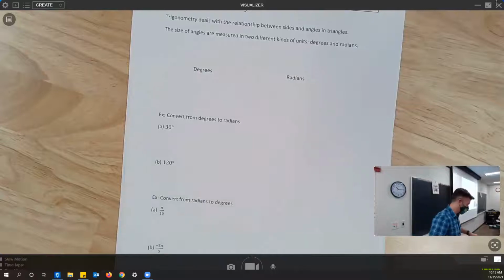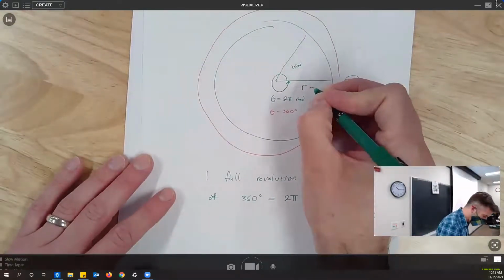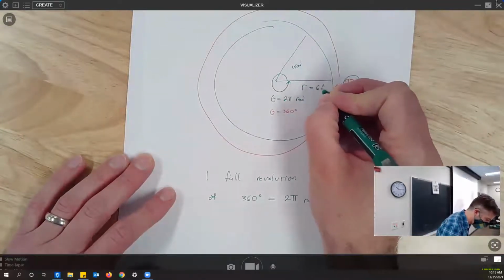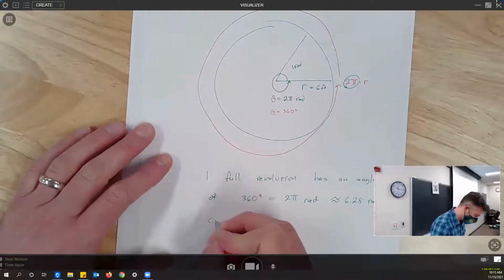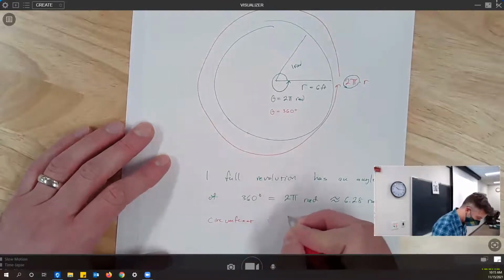So let's go back to this for just one second. Let's say this radius was, I'm going to make up a number that's not right, 6 feet. And the circumference was 6 times 2 pi, 12 pi.